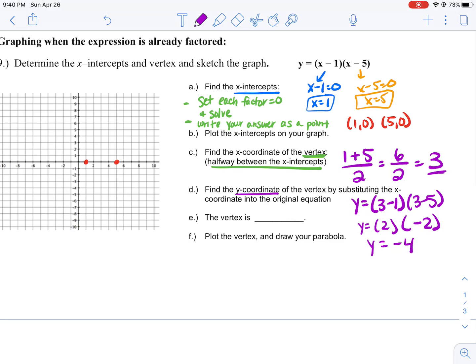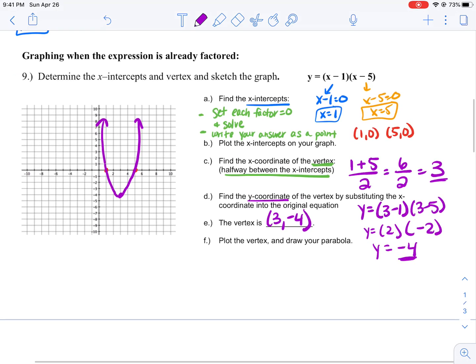So here's your x-coordinate, here's your y-coordinate, your vertex point is 3, negative 4. On your graph, 3, and then negative 4. And then we can draw our parabola. Remember, it's like a U shape. The vertex in this case is the minimum, the lowest point.